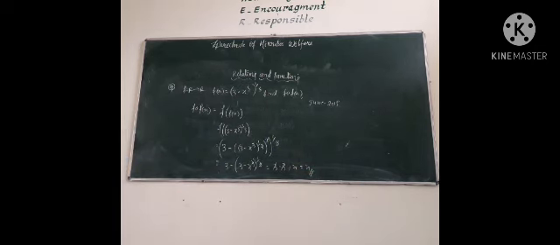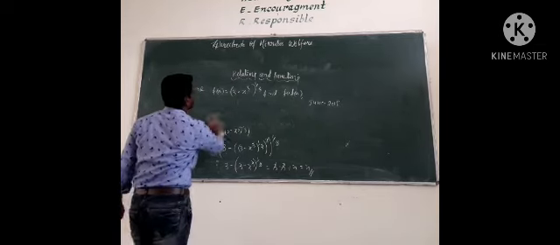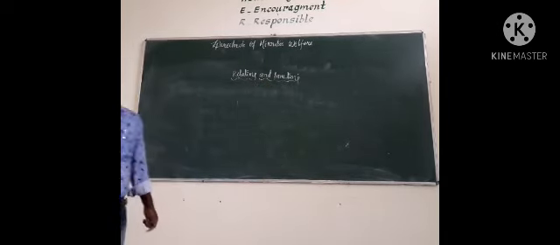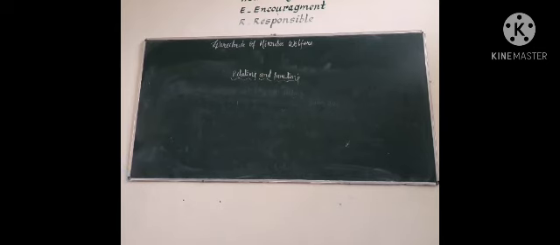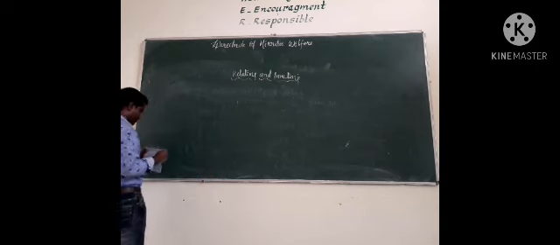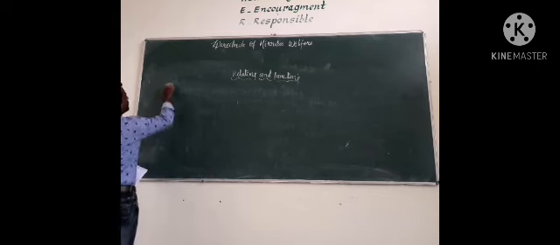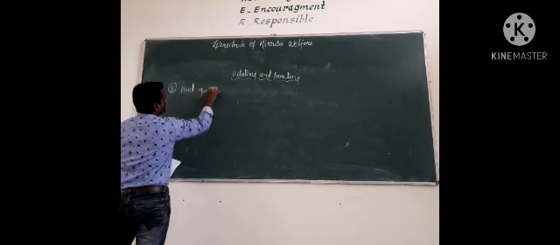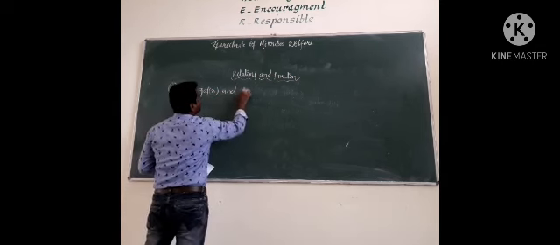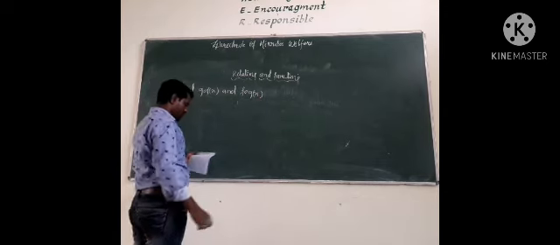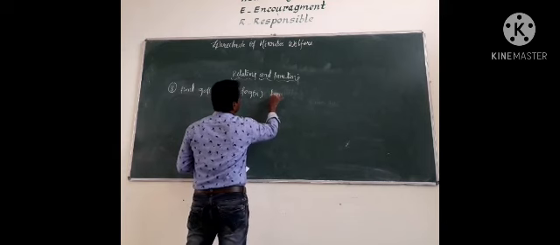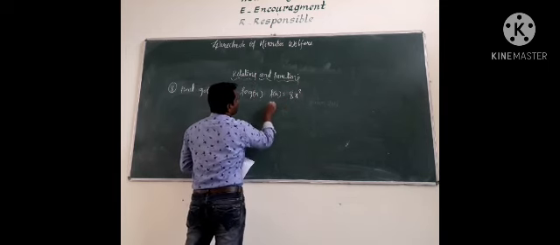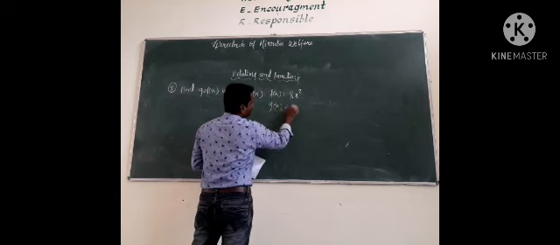Next. Find g o f of x and f o g of x. Here f of x equal to 8x cube and g of x equal to x to the power 1 by 3.